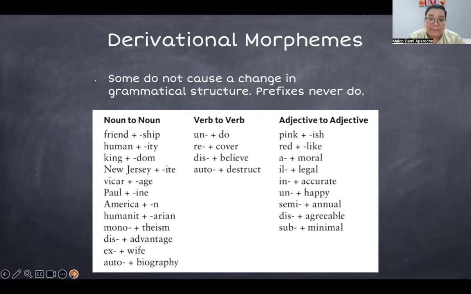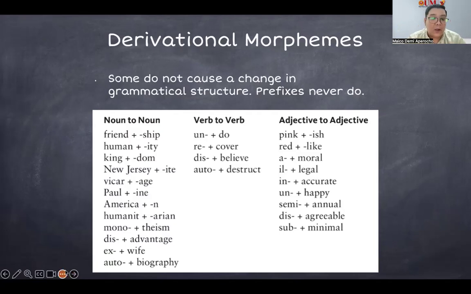Now, for example, when you say undo, the base here is do. But the moment that you put the prefix un to it, undo remains to be a verb. However, even so, the prefix un here can be considered a derivational morpheme because we have derived a new word from another word.